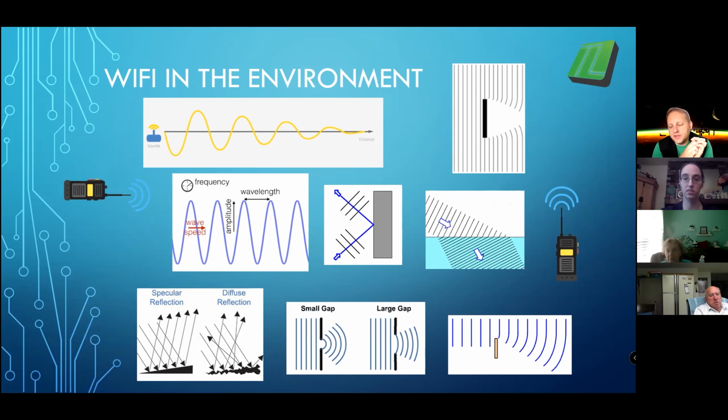So those of us that maybe have a larger porch door, the waves will have an easier time getting out onto the porch versus if you have a smaller door, the radio waves will respond differently and they'll curve and they'll go through the door in ways that you can't necessarily predict without doing some additional research and testing.